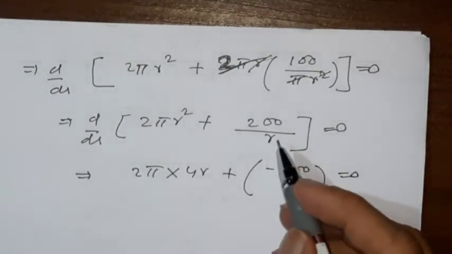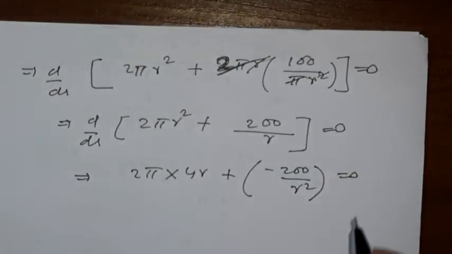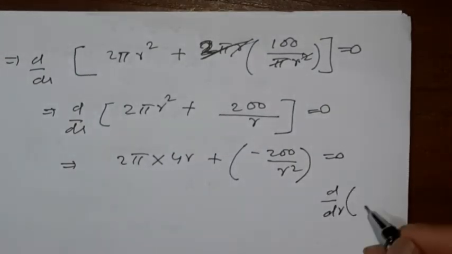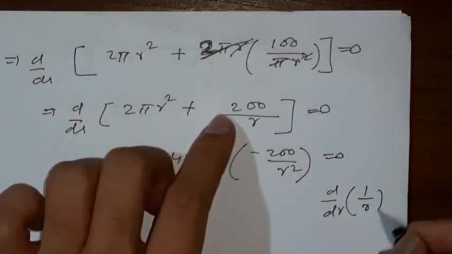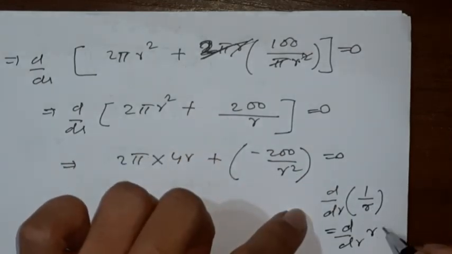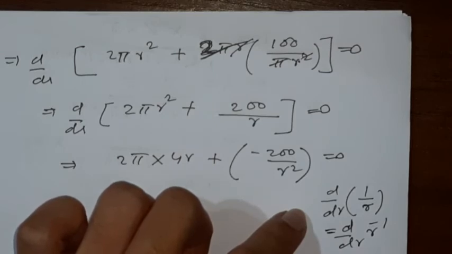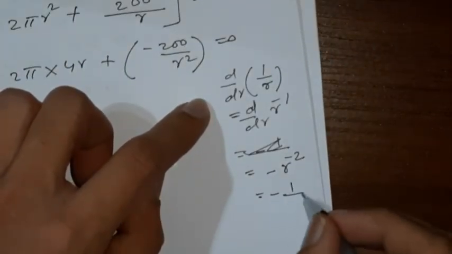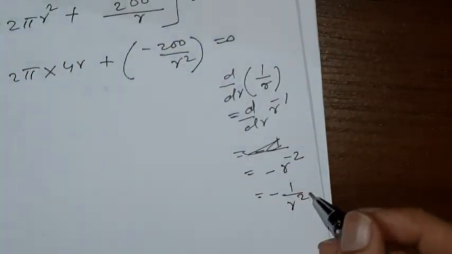Please, your derivatives chapter should be thorough here, because you have to write it by looking at the function. The derivative of 1 by r is the derivative of r raised to minus 1, which is minus r raised to minus 2, that is minus 1 by r square.